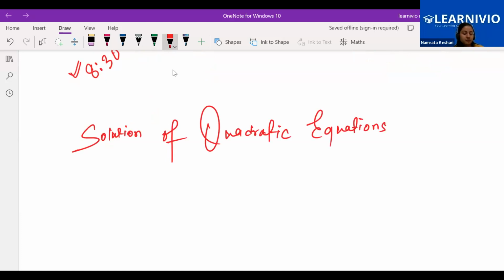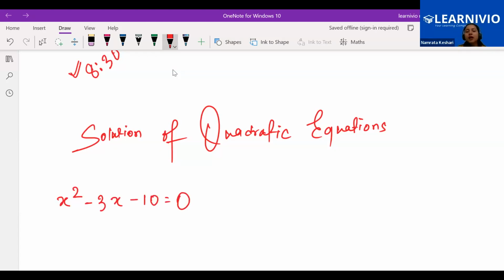Now the question is, if I am writing a quadratic equation, let's say x square minus 3x minus 10 is equals to 0.